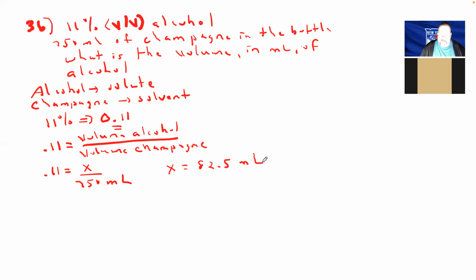When you do mass by mass, it's grams over grams. Volume by volume is milliliters over milliliters. The mass by volume is interesting because you have two different units that, quote unquote, don't cancel. But for mass volume percent, we divide the numbers anyway. So just keep that in mind, that you just divide the numbers to get that right.